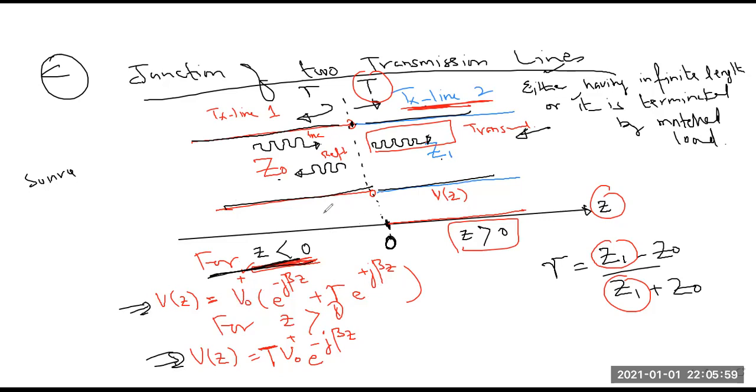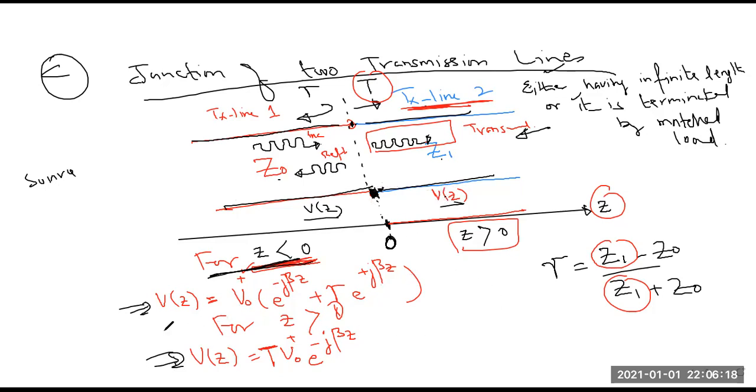Now, what is the relationship of this voltage and this voltage at z equal to 0? They must be equal, because this voltage evaluated at z equal to 0 and that voltage evaluated at z equal to 0 must give us the same result.